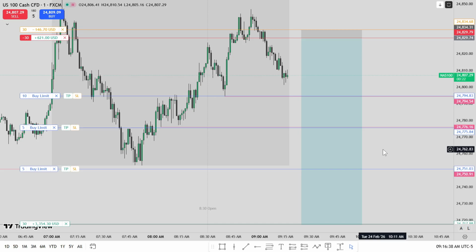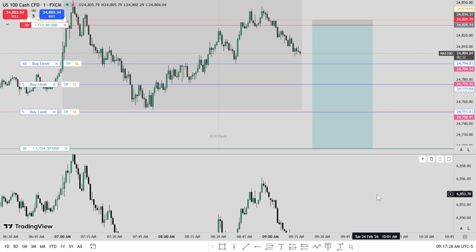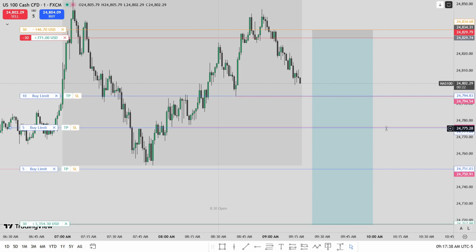Once we broke below that IFVG, I entered the trade, even though the candle I entered on was an indecisive candle. You could see there is a huge wick, when the retail traders tell you not to trade a doji candle or whatever. I don't know, bro. But yeah, that was the context behind the trade.